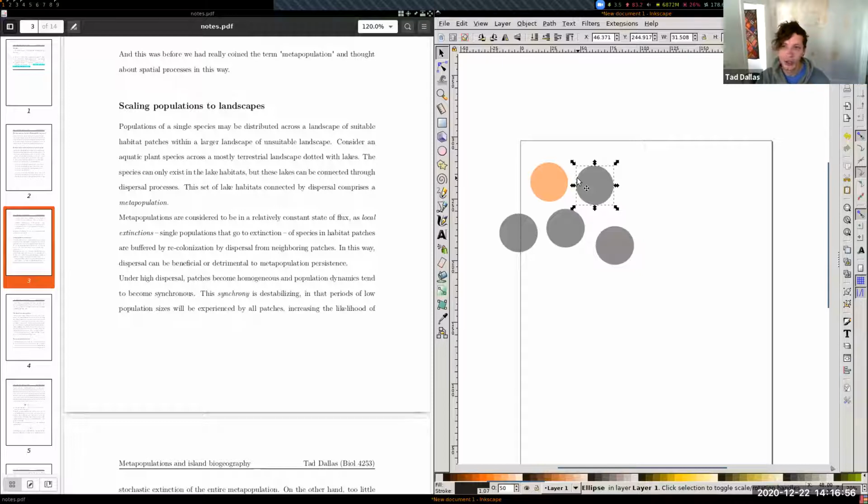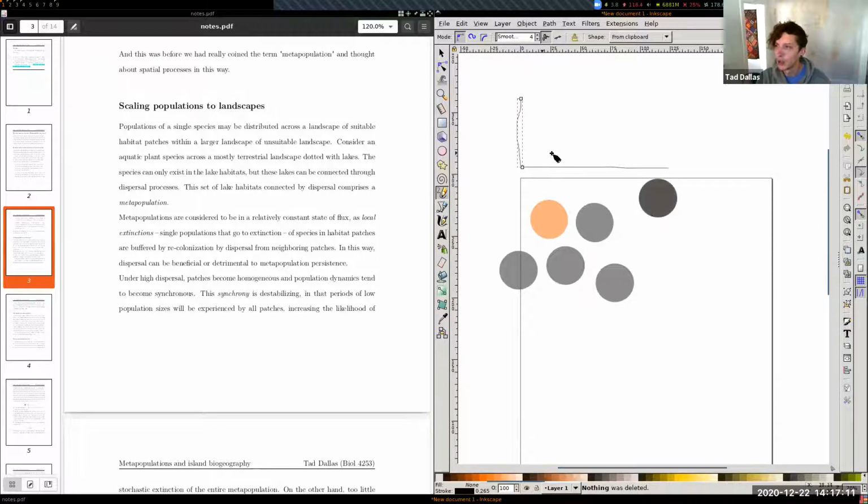So synchrony is just that. Let's say, this is going to be really ugly, but I'll draw it out. So this patch through time, with time on the x-axis and abundance on the y. Let's say this population goes like that.